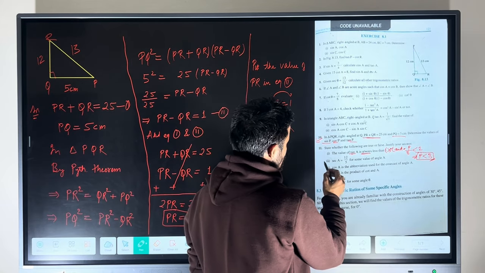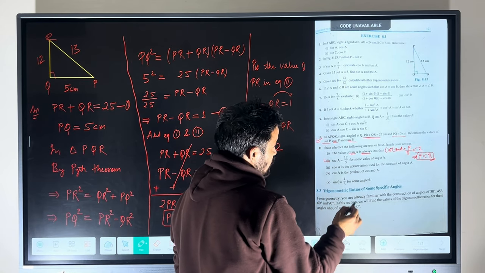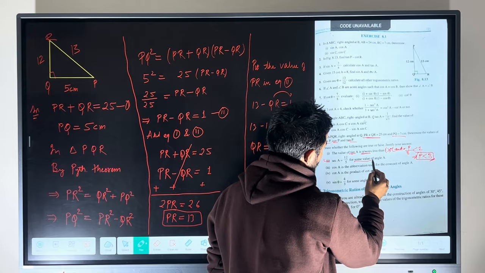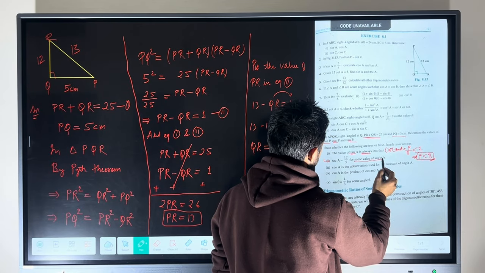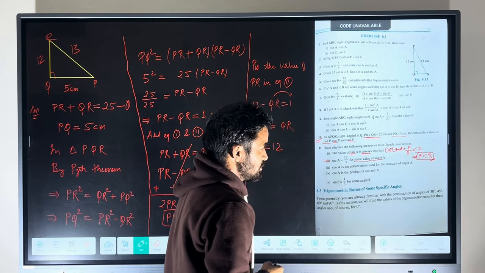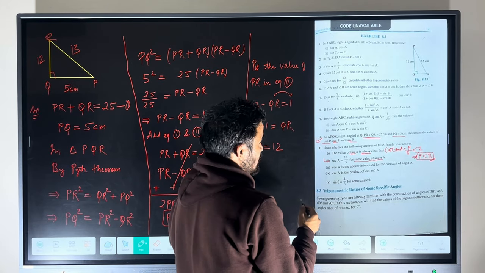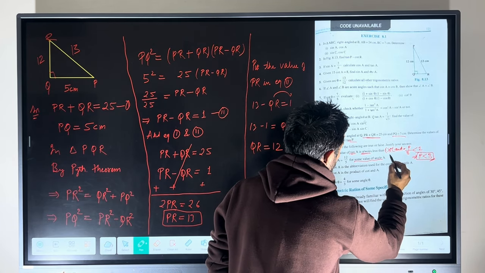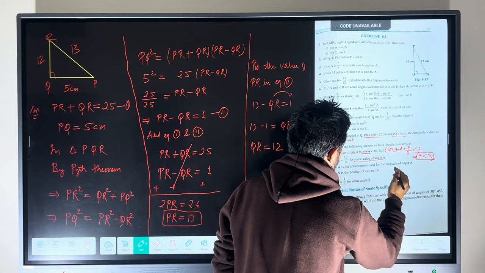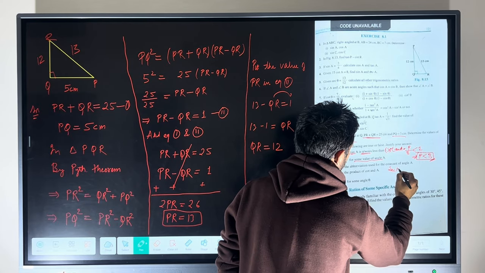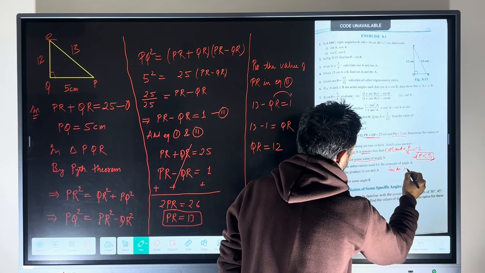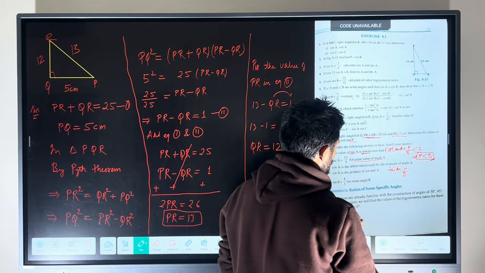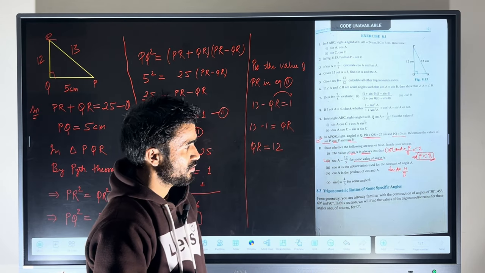Next, sec A is equal to 12 upon 5 for some angle A. Is it possible? What is sec A? Sec A is hypotenuse upon base. Is it possible?